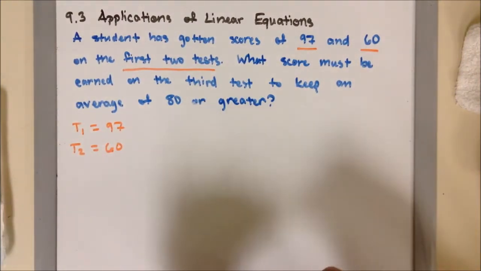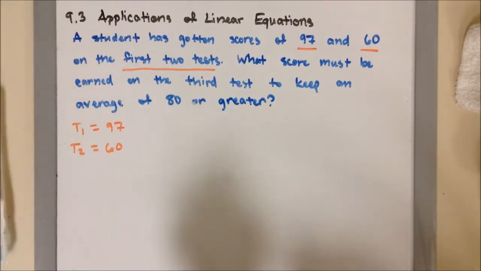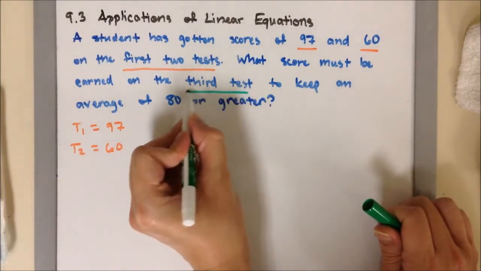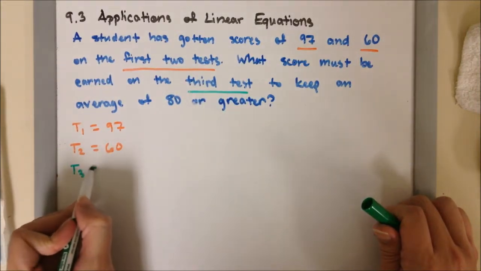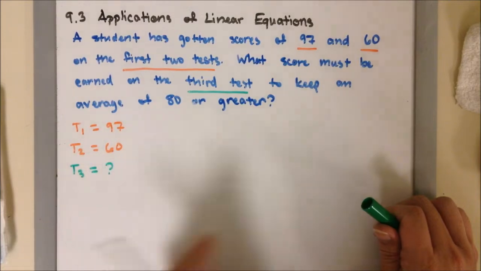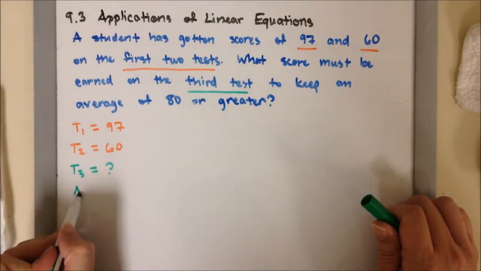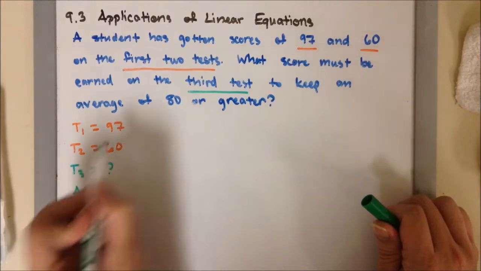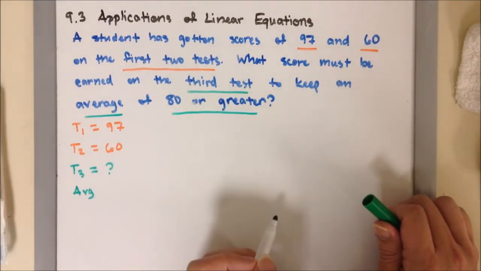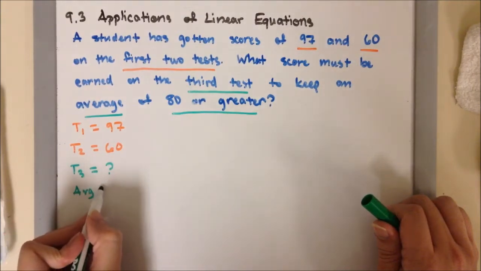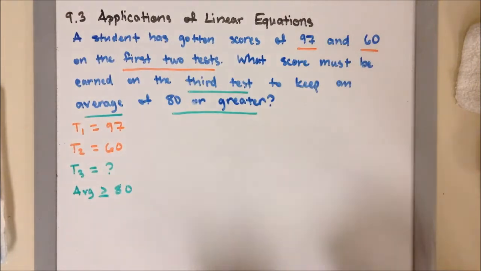Now in the question, what score must be earned on the third test? So T sub 3, we don't know, but we do know that the average has to be 80 or greater. So greater than or equal to 80.